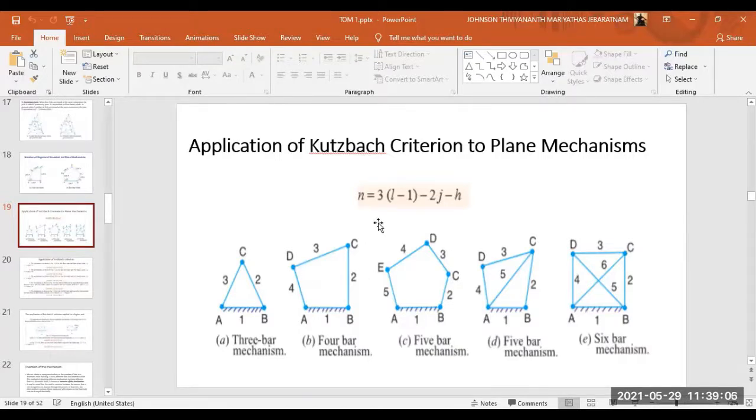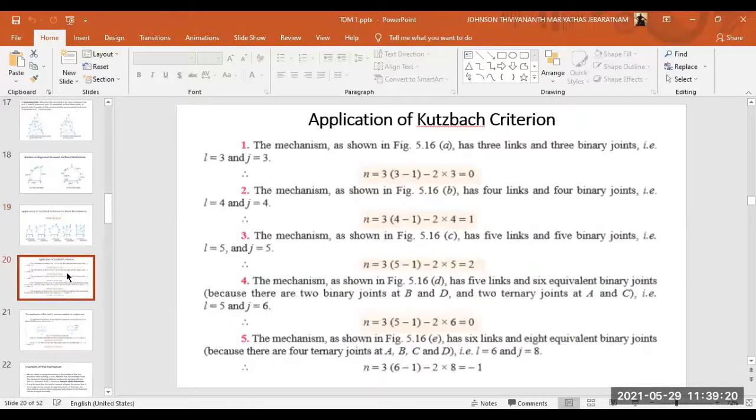So we'll apply this formula in order to find the criteria. N is the number of degrees of freedom.